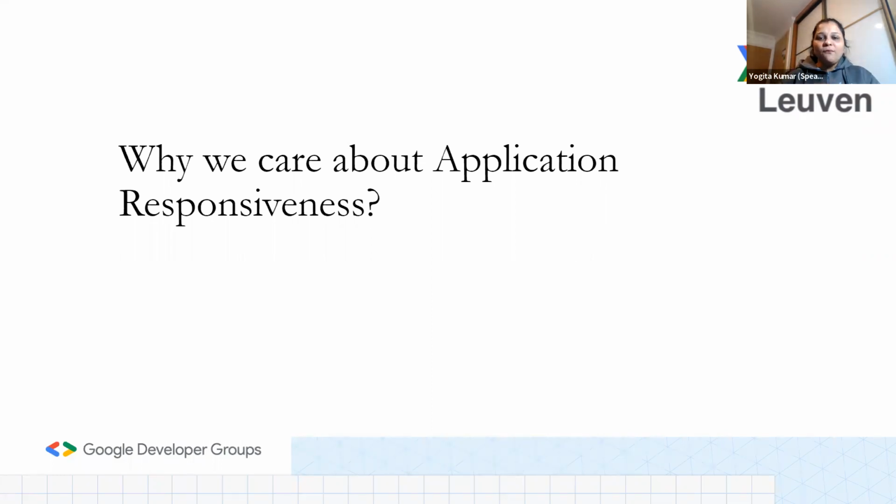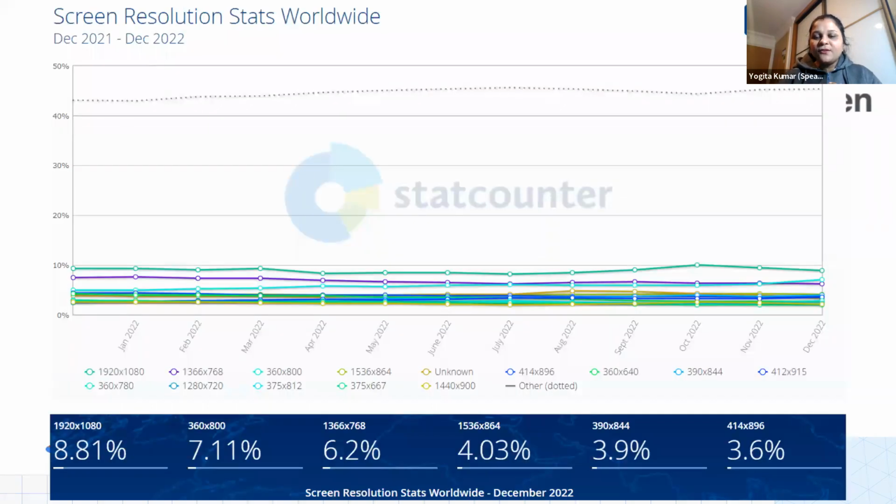So the first question that comes to mind is why we care about application responsiveness. As the screen resolution stats worldwide show, there are a number of screen devices available in the market with different screen sizes and different screen resolutions.